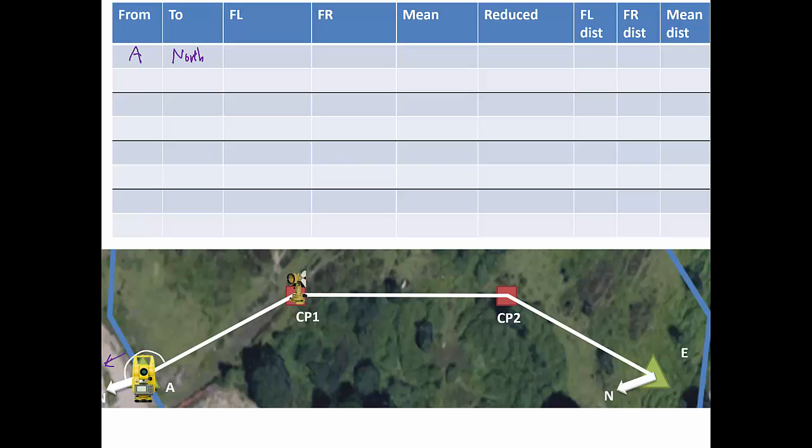We can measure the face left reading to north and say that comes out as 86°59'30". We can then swing that round to CP1. Now I'm going to do that because it keeps it on face left, and then I can change it to face right and take those 2 readings again, but you can equally take the face left reading to north and the face right reading to north straight after.